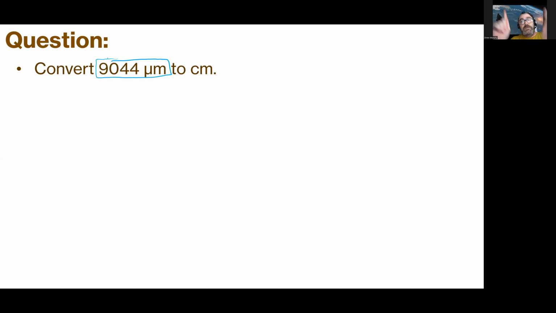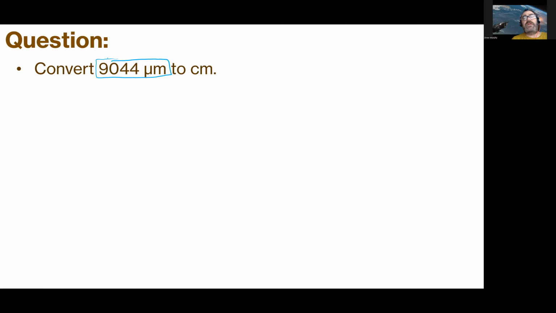If you're really, really good with your metric prefixes, you can manipulate them to figure out the difference between a micrometer and a centimeter. But we've all learned the metric prefixes related to the base unit. So we know micrometers to meters and we know meters to centimeters. We can do this through the base unit, and that's the best way I think to do it, even though it adds an extra step.